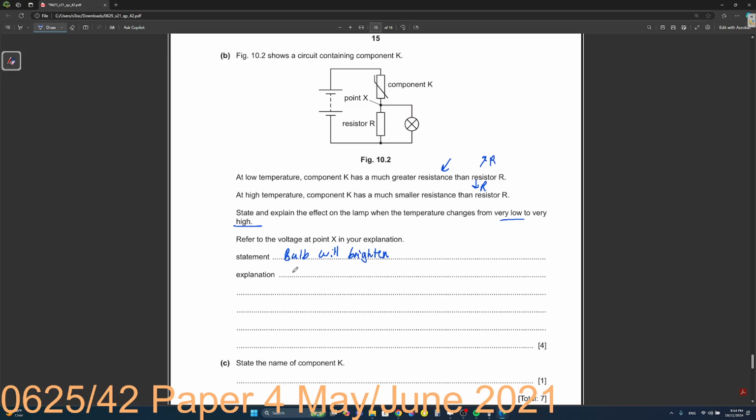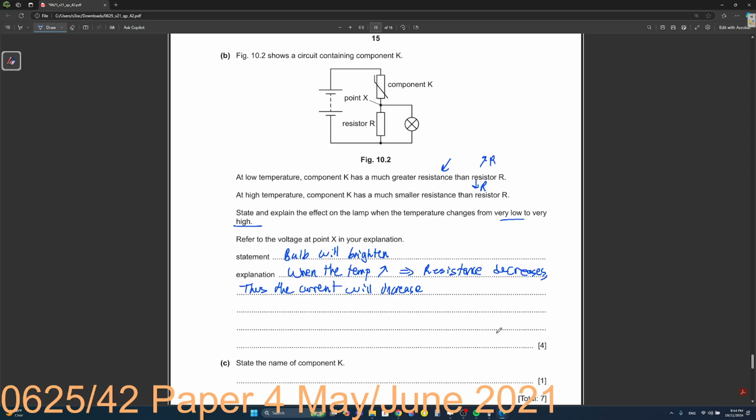At high temperatures, when the temperature increases, the resistance decreases, right? What happens when the resistance decreases? Thus, the current will increase. If you have less resistance, there's going to be more current flowing, right? So the current will increase.